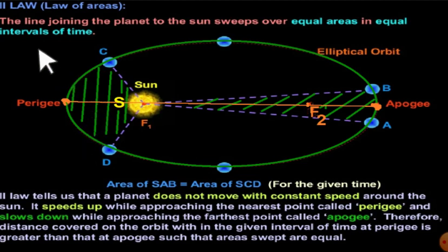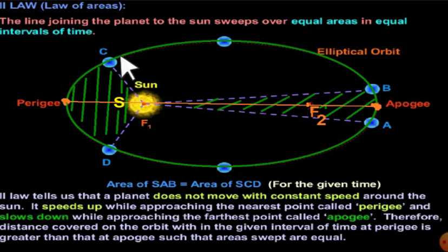Now from this law, what we can conclude is that when the sun is at one of the foci and the planets revolve in their elliptical orbit, the planet doesn't move with a constant speed.